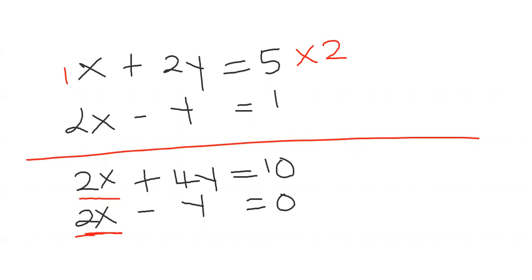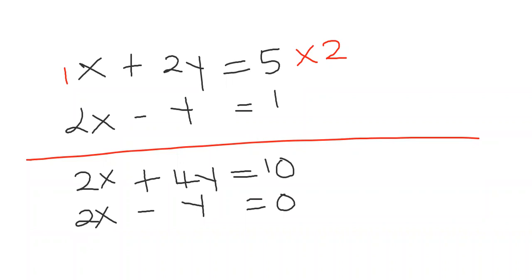Am I adding them or subtracting them? For us to get a 0, we have to subtract. We have to say 2x minus 2x. Then we will get a 0.